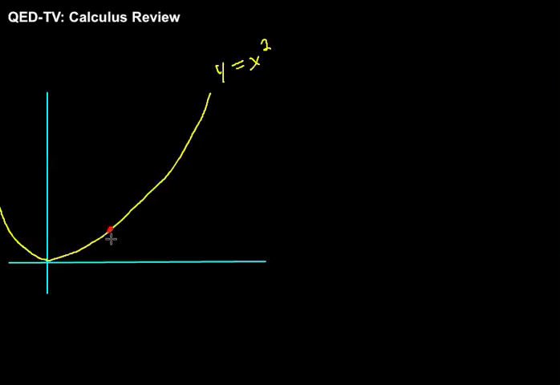So again, we could call this x. I could call this here x naught. And we could come down here a little ways later, and we'll say this is x naught plus h. And well, what is this?